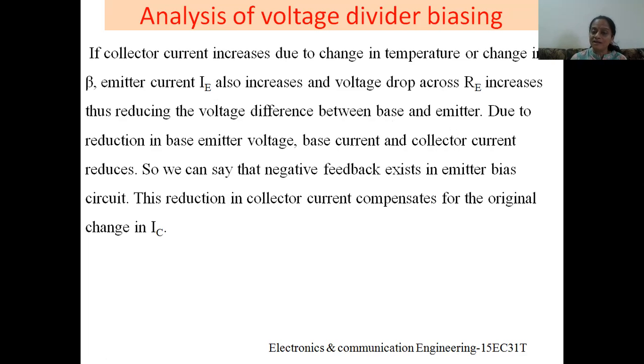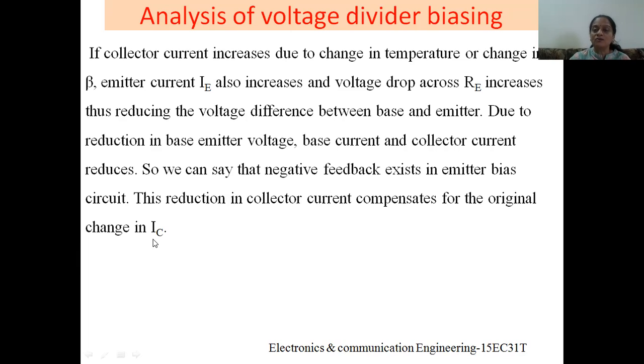So when the base-emitter voltage decreases, the base current decreases. It's a current control device, so the collector current is dependent on the base current. When base current decreases, the collector current reduces. So we can say that there exists a negative feedback in the emitter bias circuit. This reduction in collector current compensates for the original change in IC.